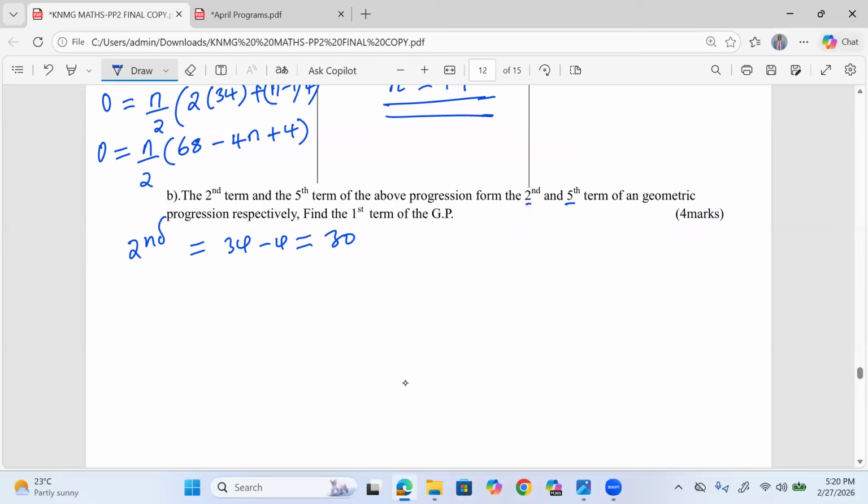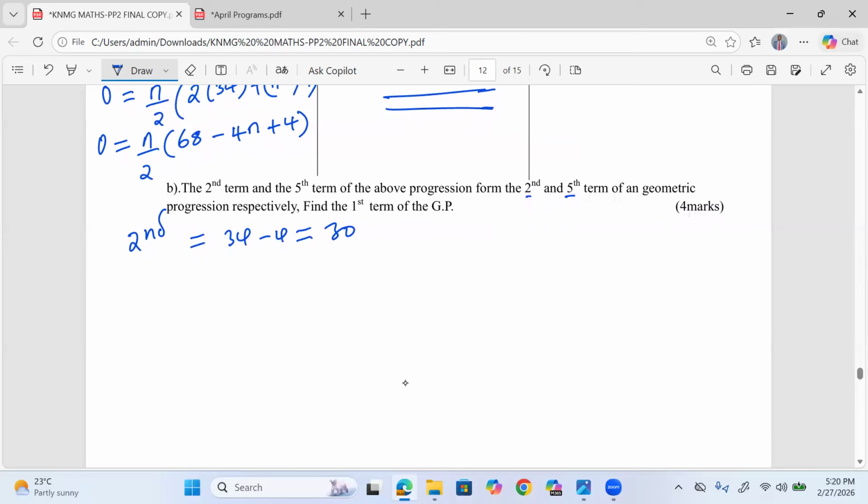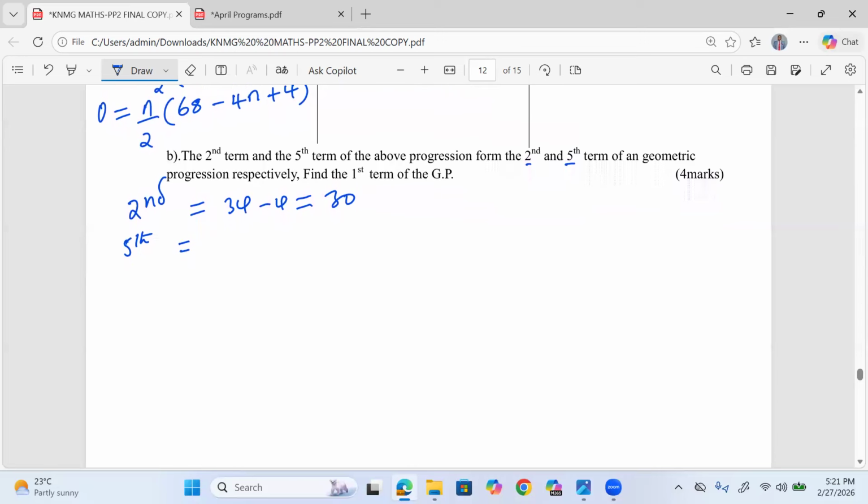So from 34, the next term is the second one, which is 30. Then the fifth. The fifth term is equal to first term plus 5 minus 1 multiplied by negative 4.